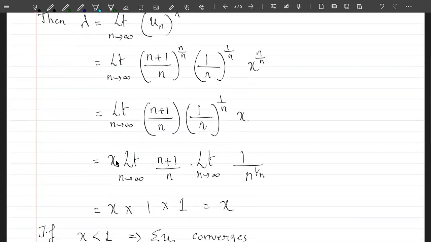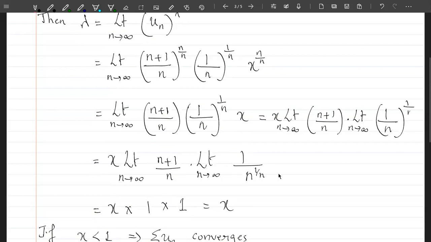I can take x out. So I get limit n tending to infinity, (n plus 1) by n, and also limit n tending to infinity (1 by n) power 1 by n. Please note this is equal to x into limit n tending to infinity. If you split the limit, you get (n plus 1) by n into limit n tending to infinity (1 by n) whole power 1 by n.